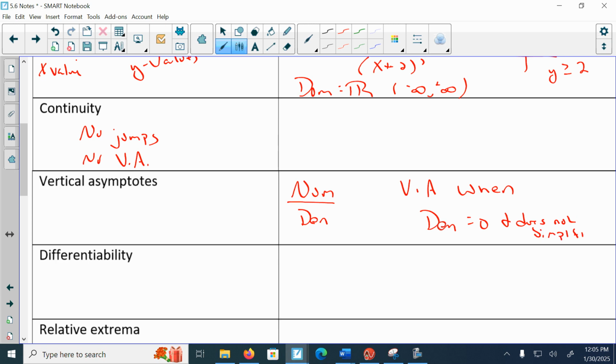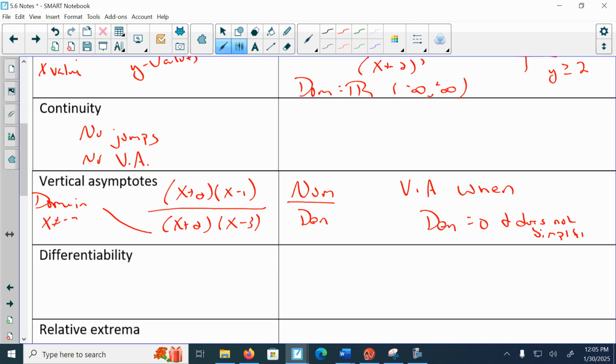So just to remind you, if I had something like (x plus 2)(x minus 1) over (x plus 2)(x minus 3), going back to my domain, I'm going to say all real numbers, but x cannot equal negative 2 and x cannot equal 3, because those are my restrictions on my domain, since they would make my denominator equal to 0.